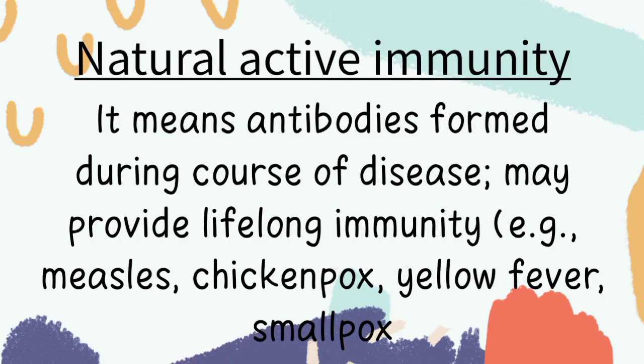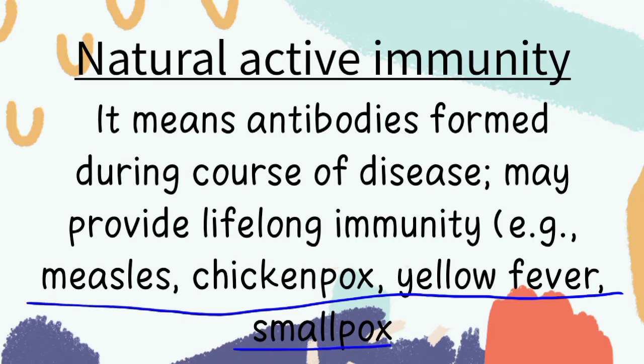Now, the natural active immunity means antibodies formed during the course of disease may provide long-term immunity. For example, we have the measles, chickenpox, yellow fever, and smallpox. Note two things here.